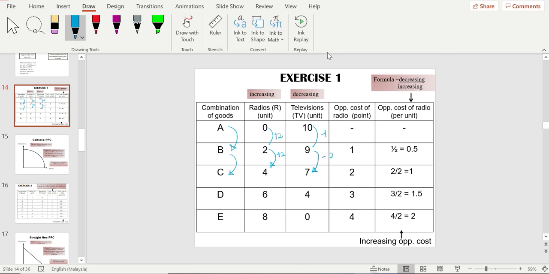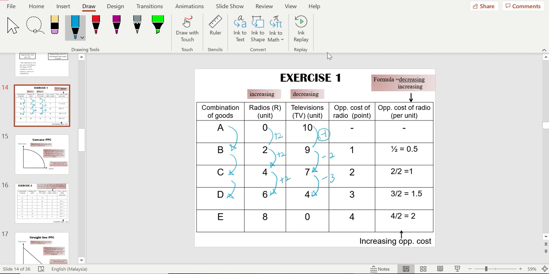Dia akan berkurang 2. So move lagi daripada point C to D, radio akan bertambah 2 more. What happened to the TV? TV akan berkurang lagi 3 daripada 7 jadi 4. So as time goes by, you can see the trend here. The number of TV that you need to forgone is increasing.